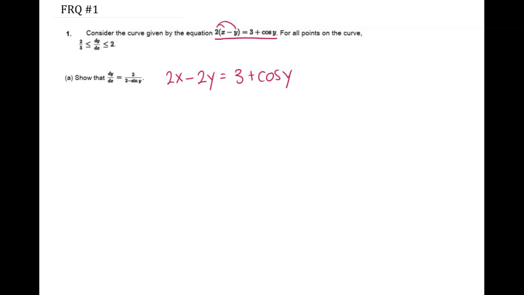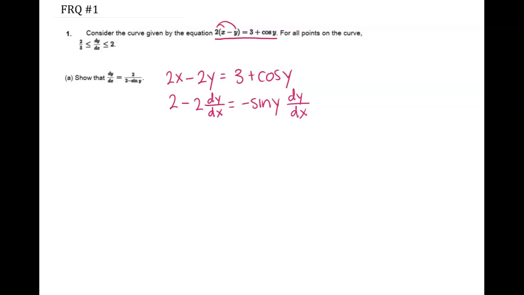Okay, and now we will differentiate. Derivative of 2x is just 2. Derivative of 2y is minus 2 dy/dx. Derivative of 3 is 0. Derivative of cosine y is negative sine of y dy/dx.